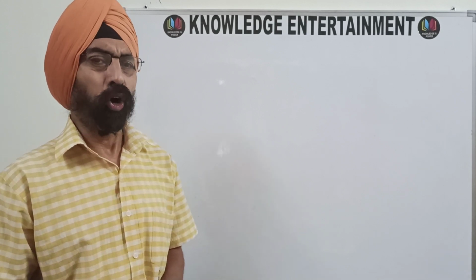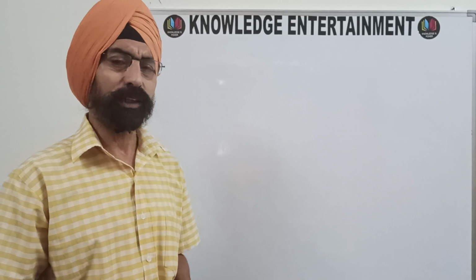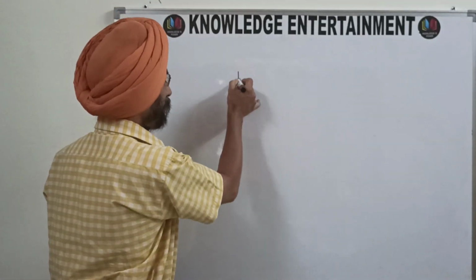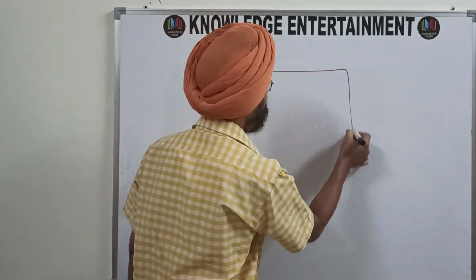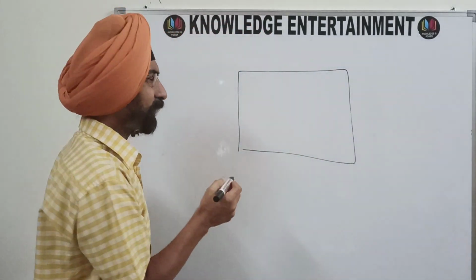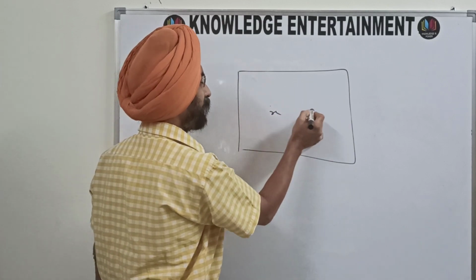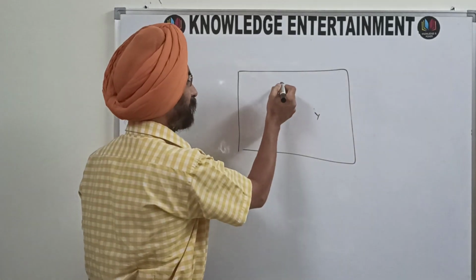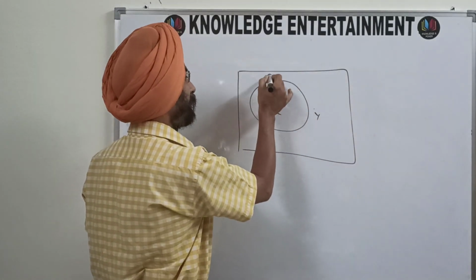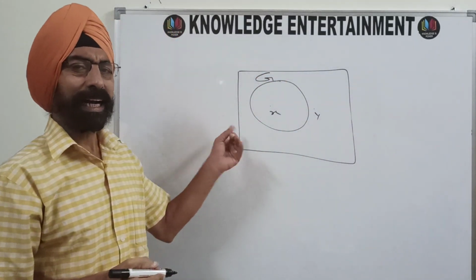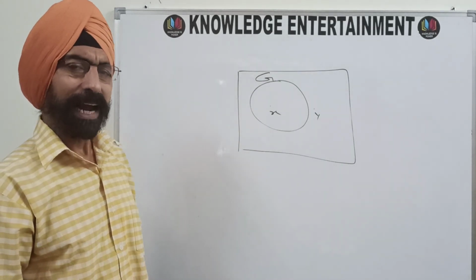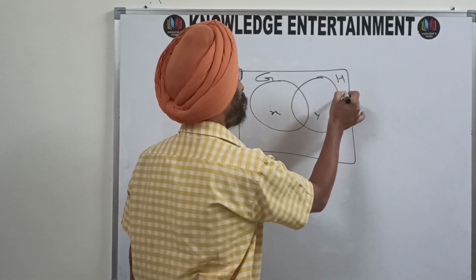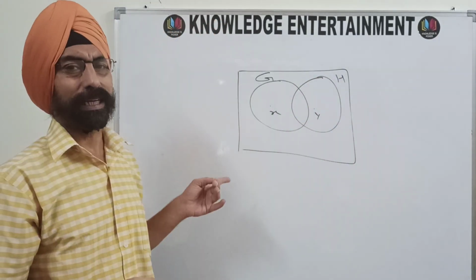But before moving on, once again I would like to repeat the definition of a T1 space. A topological space is a T1 space if, for any two points x and y, there always exists an open set G that contains x but not y, and there also exists an open set H that contains y but not x.